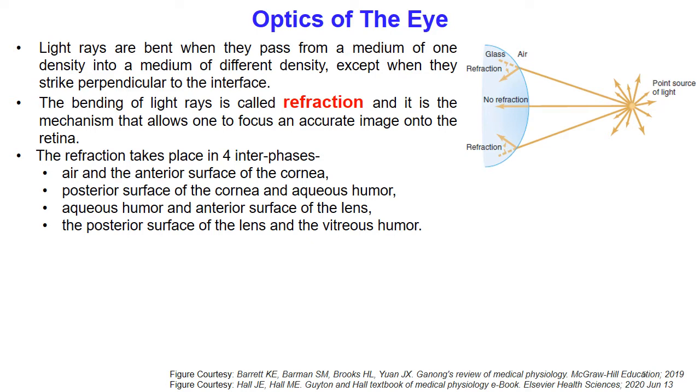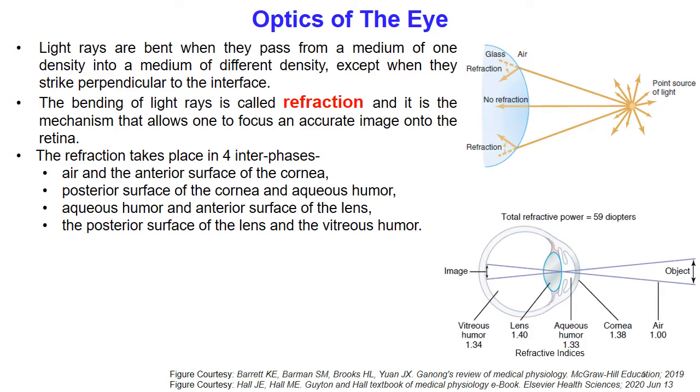The refraction takes place in four interfaces: the interface between air and the anterior surface of the cornea, the interface between posterior surface of the cornea and aqueous humor, the interface between aqueous humor and anterior surface of the lens, and the interface between the posterior surface of lens and the vitreous humor.